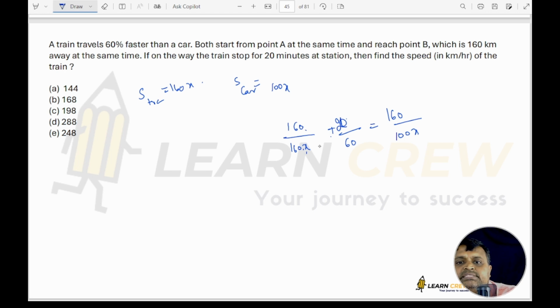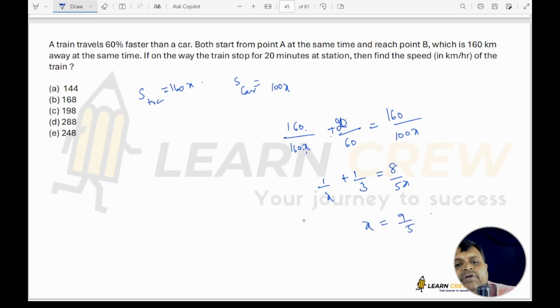Now solve this. After simplification, 1 by x plus 1 by 3 is equal to 8 by 5x. 1 by 3 is equal to 8 by 5x minus 1 by x. So I will get x as 9 by 5.